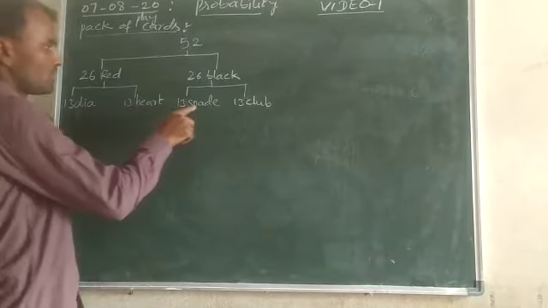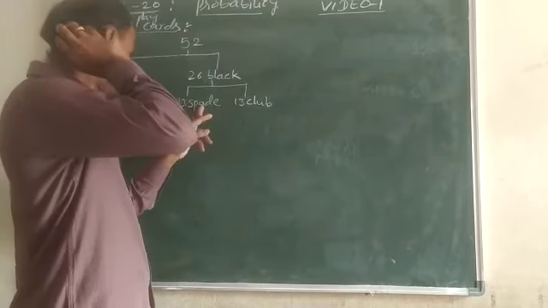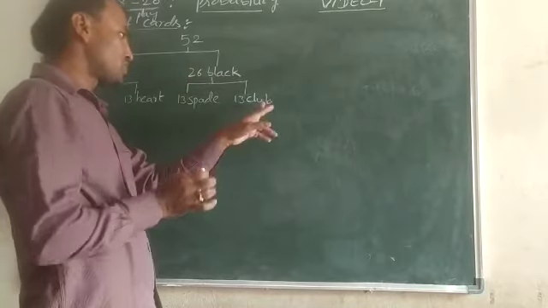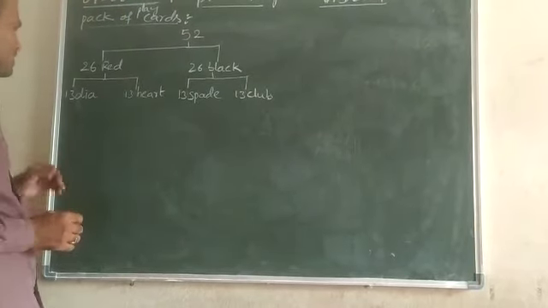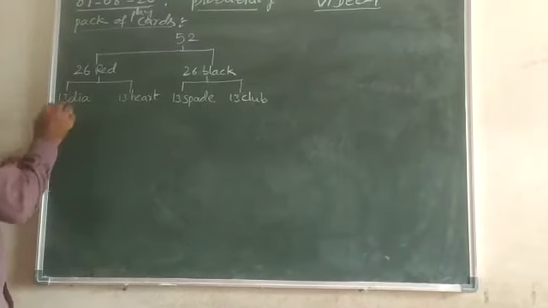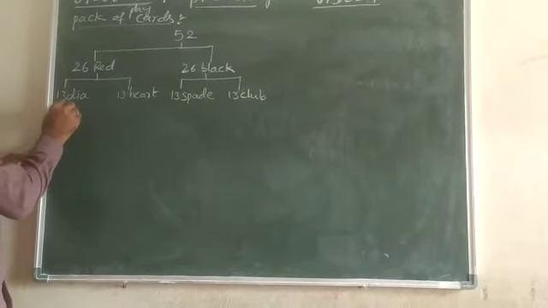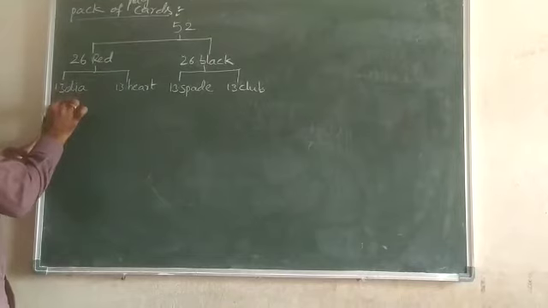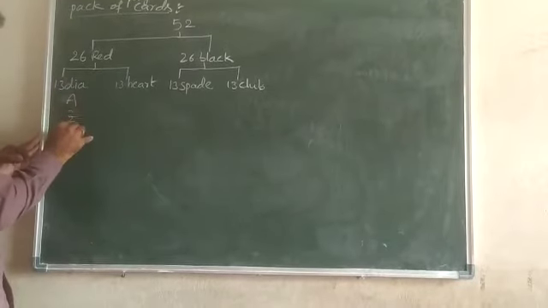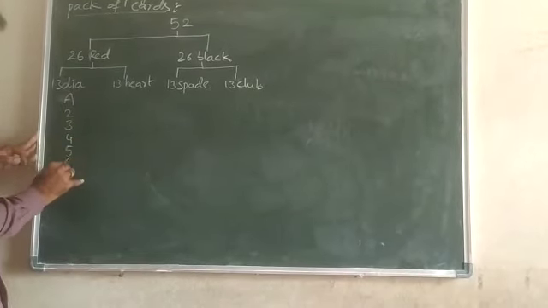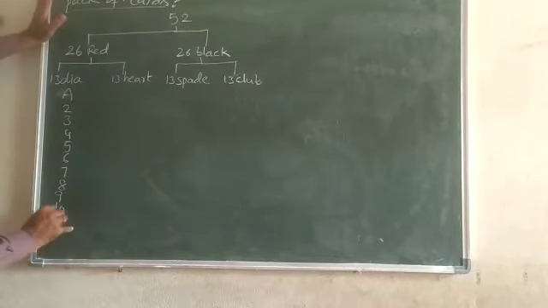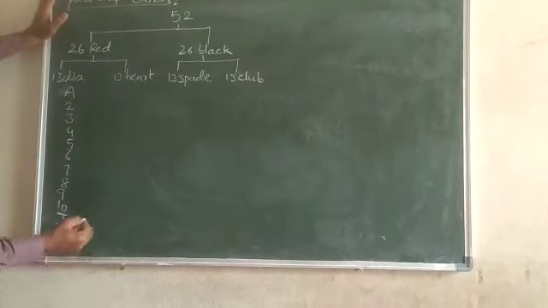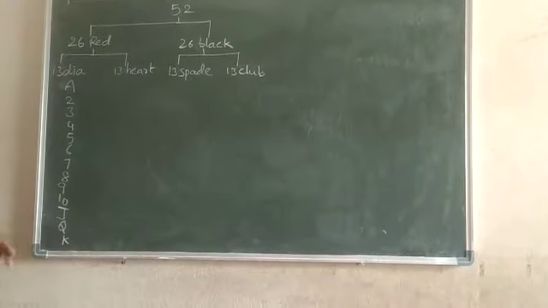Diamond shape, heart shape, spade, club. You know these symbols. Now in these 13 diamond cards, what are these cards? A, 2, 3, 4, 5, 6, 7, 8, 9, 10, next J, Q, K. Total 13 cards we have.